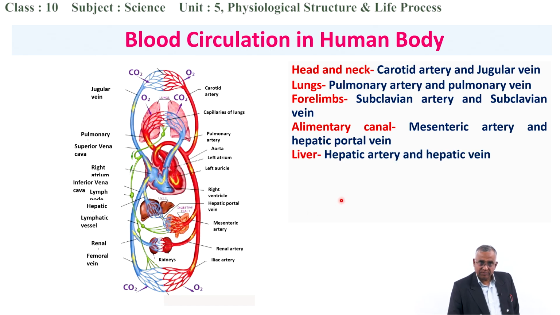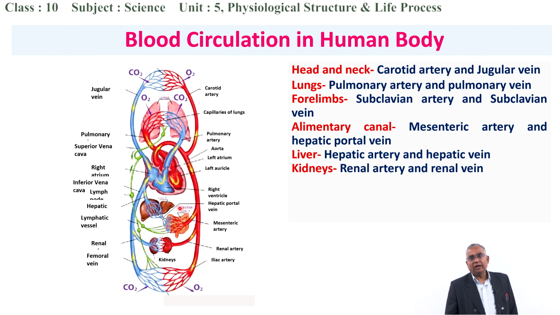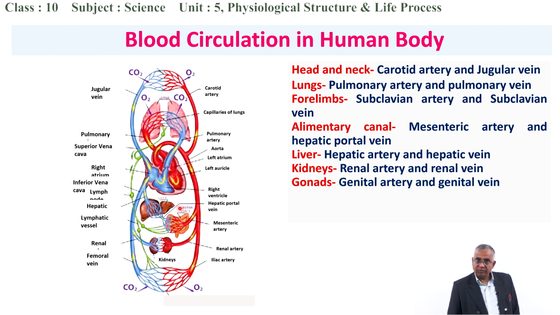And next in the liver, the hepatic artery is not clear, it should be connected here, hepatic artery and hepatic vein, that is missing. Here one blood vessel is there. And then kidneys, renal artery, renal vein, gonads, genital artery, genital vein.